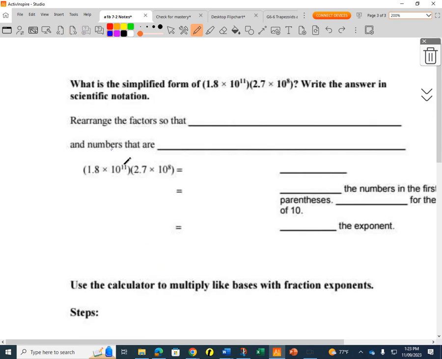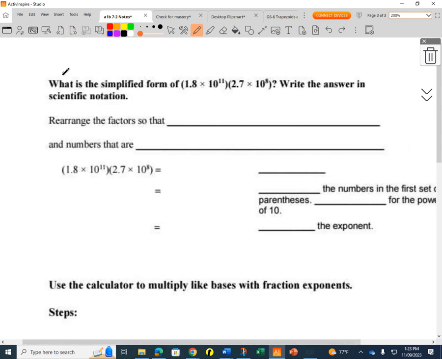These are the notes we're going to get. What is the simplified form of 1.8 times 10 to the 11th power times 2.7 times 10 to the 8th power? And we have to write our answer in scientific notation. That's why I wanted to remind you of what scientific notation is. Technically, you should have already covered scientific notation, probably in middle school science, and also in middle school math.